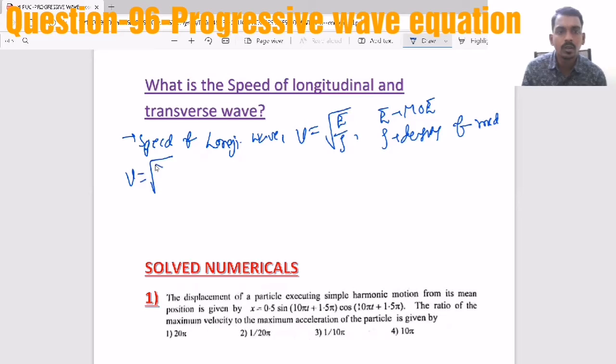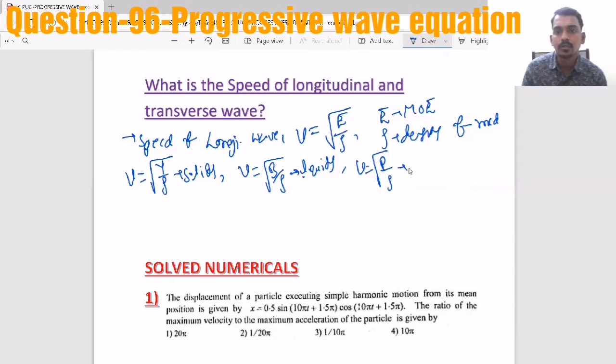V equal to under root Y by rho is for solids; in case of solids, Young's modulus comes. Or root B by rho is for liquids; in case of liquids, bulk modulus comes. And V equal to root P by rho is for gases.